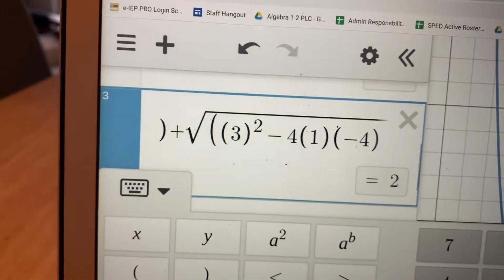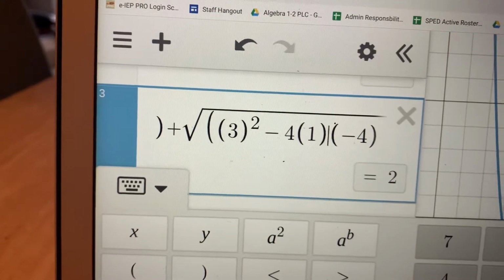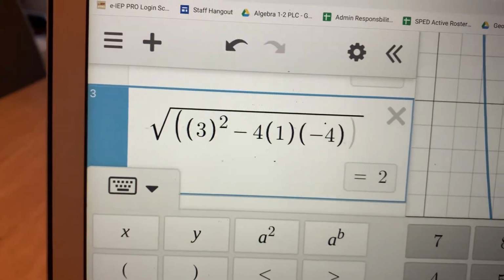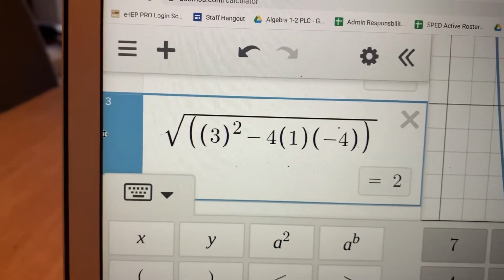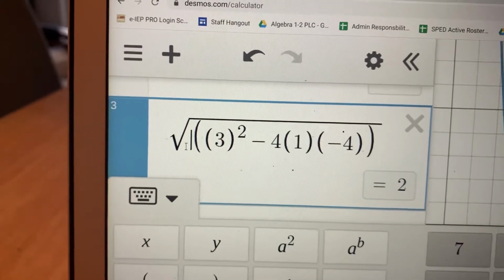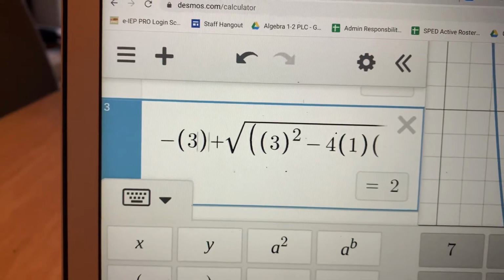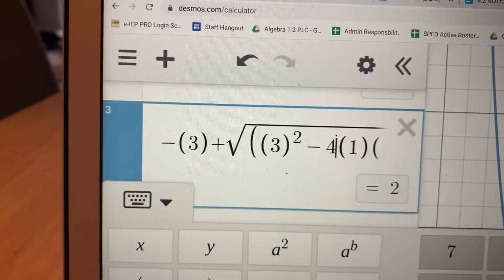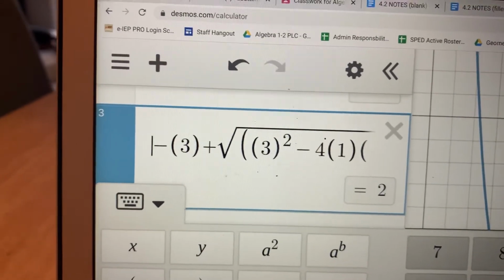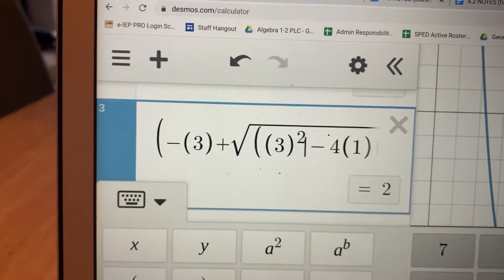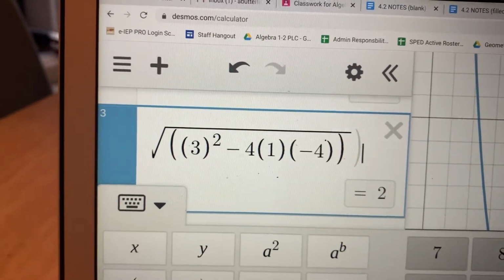So I'm going to put a parentheses there and a parentheses at the end, right? And then we're also going to divide the whole thing. So this whole thing we want on the top. We need to divide the whole thing by 2 parentheses 1. So I'm going to put a parentheses here and then 1 at the very end.